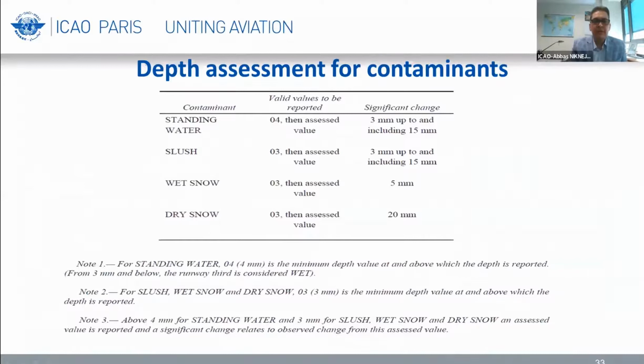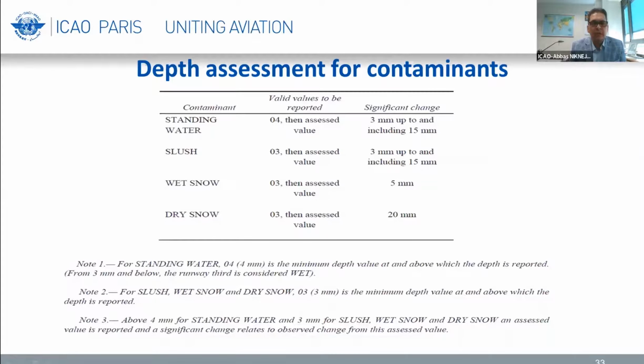Here you can see depth is reported for standing water, slush, wet snow, and dry snow. You know that the standing water is water of 4 millimeters or more. So if it's less than 3 millimeters, it's wet and no depth is being reported, you will just put wet, wet, wet. And in item F, you will put NR, NR, NR.